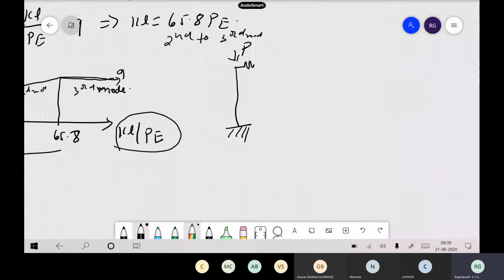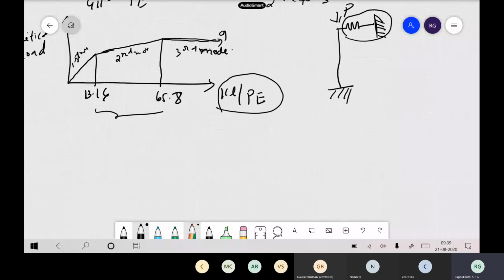Let us say this cantilever is like this. What is the buckling load? You can calculate easily from the energy method. The only thing is you have to add one more extra term, half k y square, and then solve the problem. This way you can solve a variety of interesting problems by these energy methods.